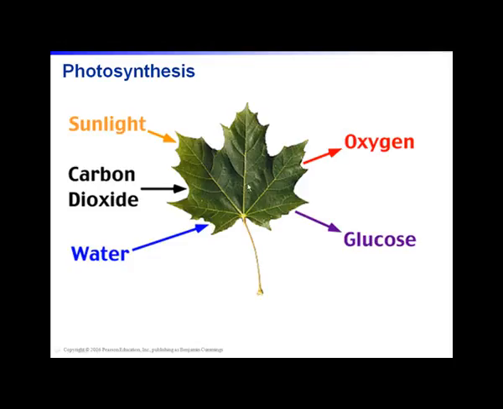Inside the leaf, then, the process is creating this molecule, this macromolecule or carbohydrate called glucose. And that glucose is storing the energy from that sunlight, right? And there's another byproduct, and that is oxygen. O2 is given off by plants. Okay, so you have the basic idea here of what's going on with photosynthesis. Sunlight plus carbon dioxide plus water to create or synthesize glucose and give off a byproduct of oxygen.